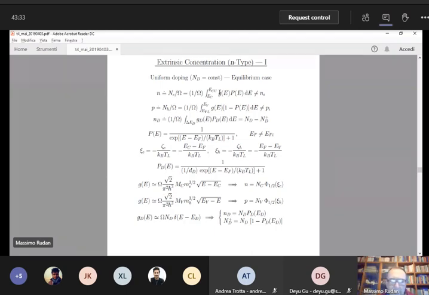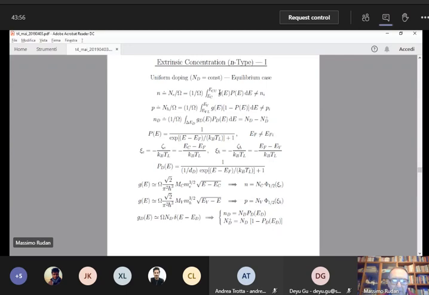The plus reminds you that since they are atoms that have lost one electron, they are positively ionized. So small nd is equal to capital ND, that is the total concentration, less the concentration ND plus of the ionized donors.